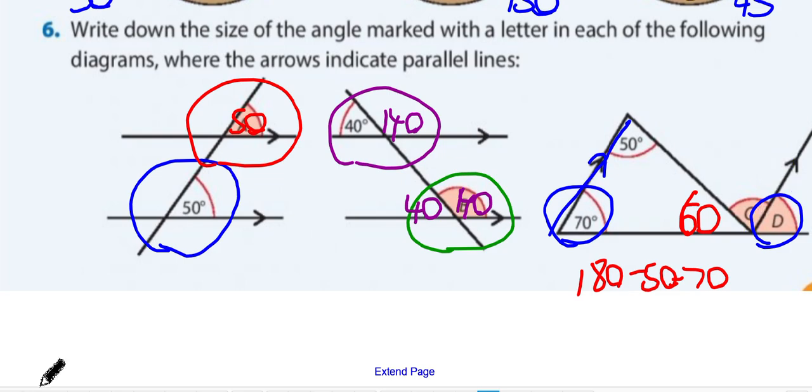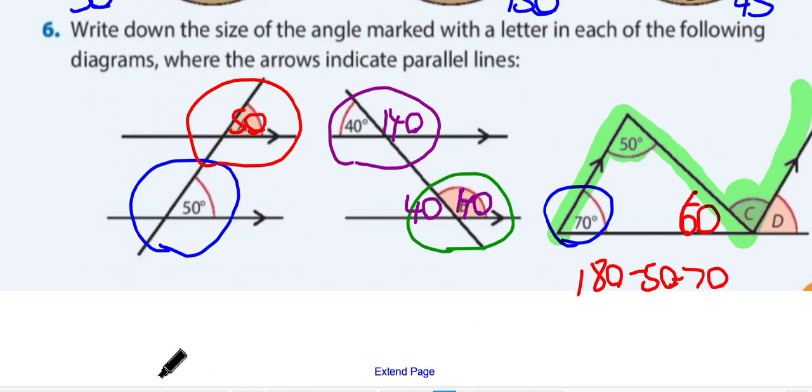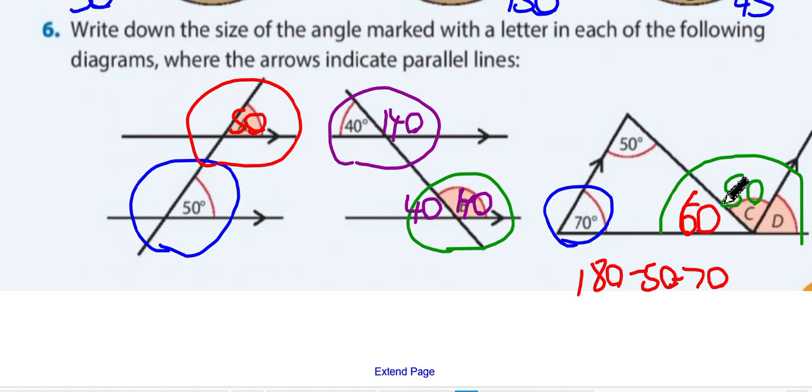Or if you wish, I see a Z. Does anybody else see a Z here? See that Z right there? 50 and 50. So I think that angle in between is 50. So C would be 50. Which means D has to be what, guys? Because they have to add up to 180.